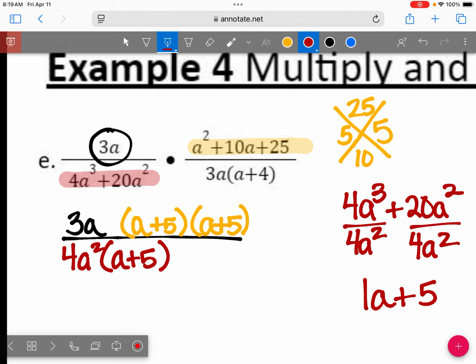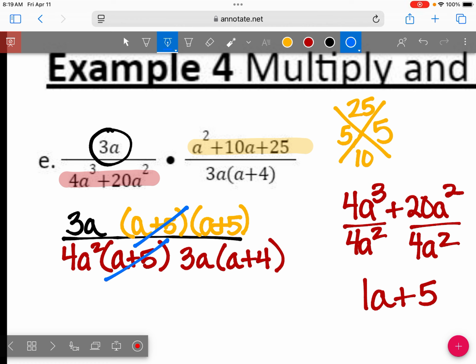Now this one is already factored, so I'm just going to bring that down, the 3a and the a plus 4. So now that everything has been factored down, we can begin to cancel things out. One thing that we can take away is an a plus 5. What else can I take away?